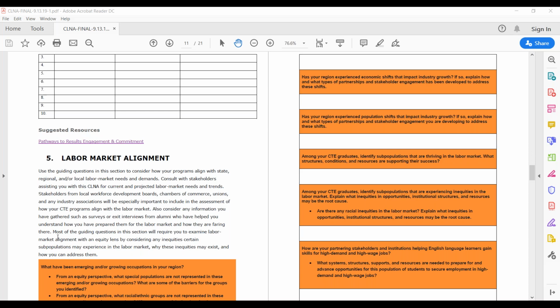Would COD be willing to share their instruments? Sure. We're right in the middle of developing them, but we'd be happy to share. That would be great. Thanks, Janita.